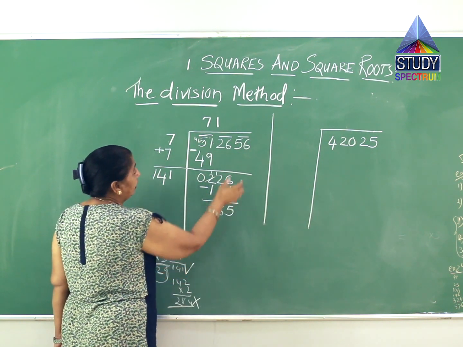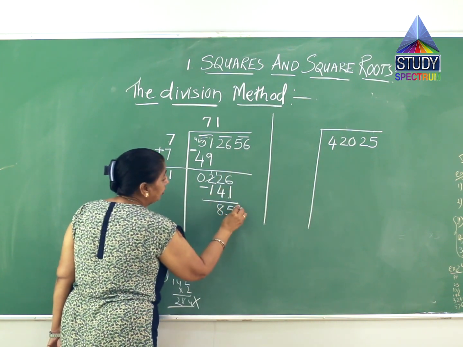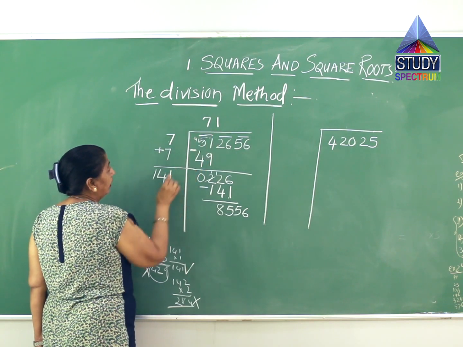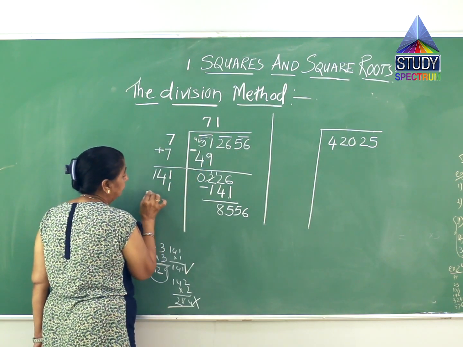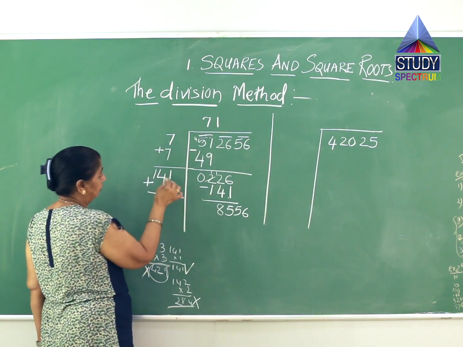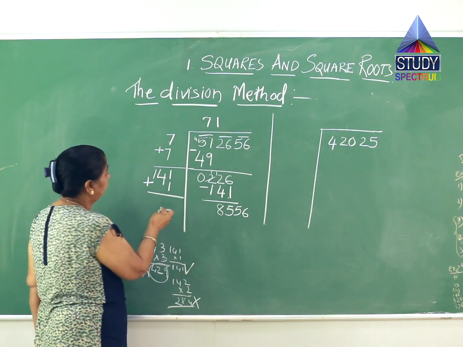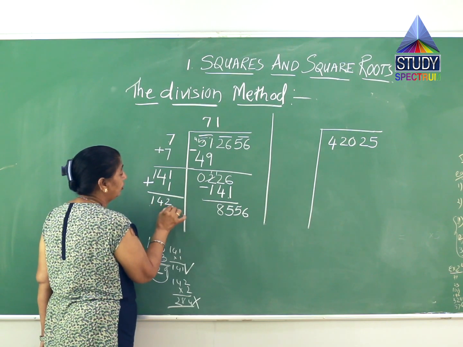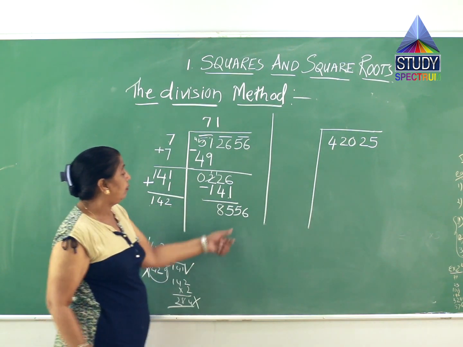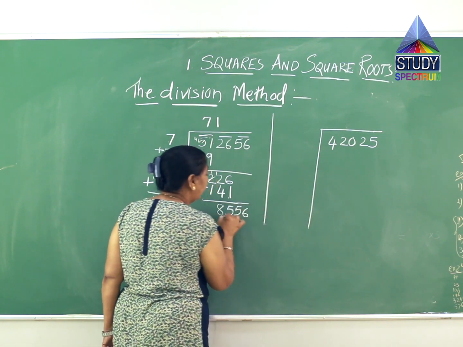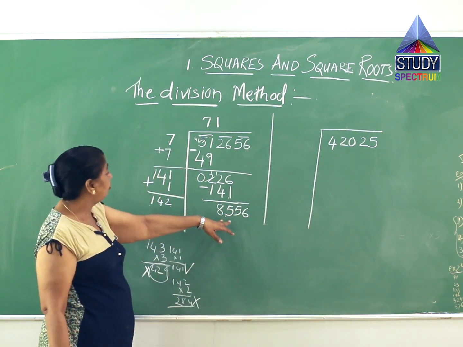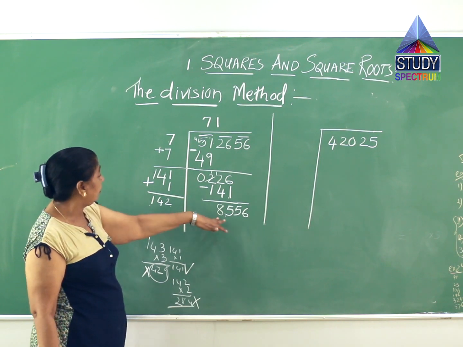Now again I have to bring both the numbers down, and at the same time this one I will add over here. Now here the number is 142, and here I got 8556.